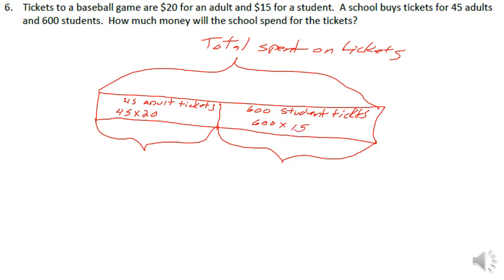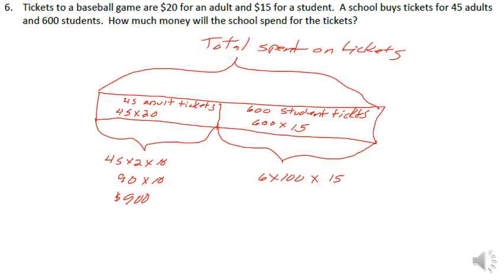Now using the strategies we just did, I can do 45 times 2 times 10, which I know 45 times 2 is going to be 90 times 10, which is 900. So it costs $900 for the adult tickets. Over here, I can split it apart by doing 6 times 100 times 15.